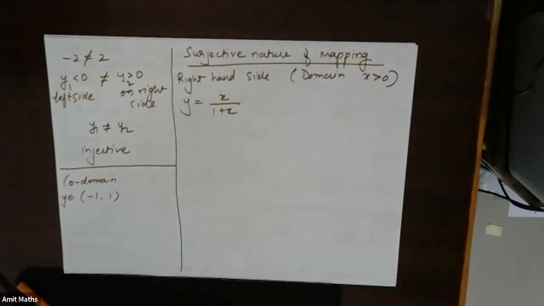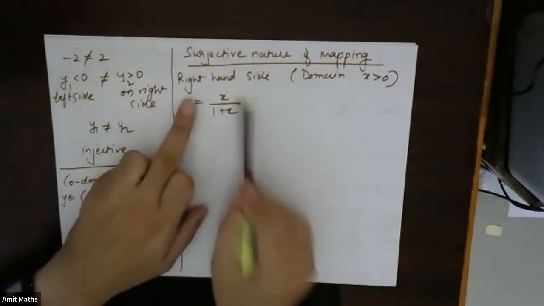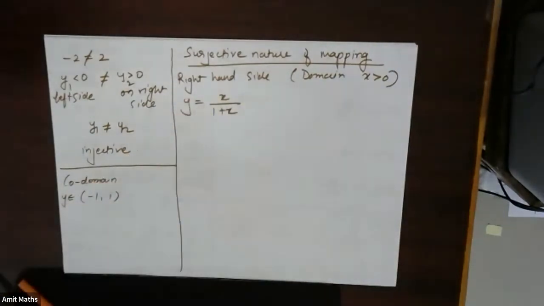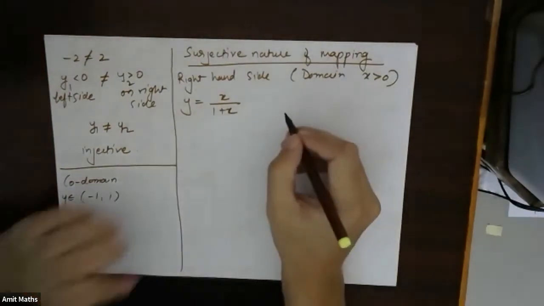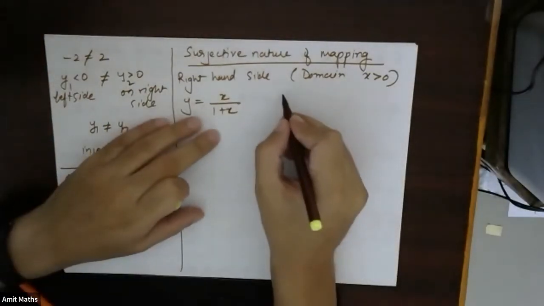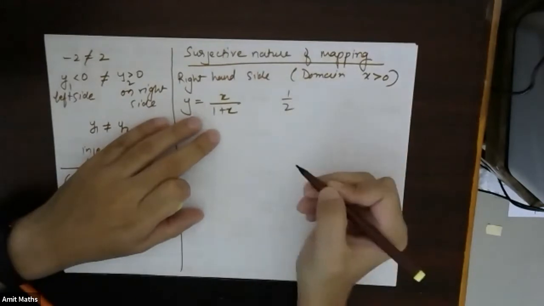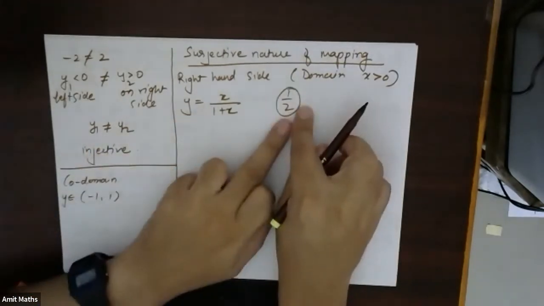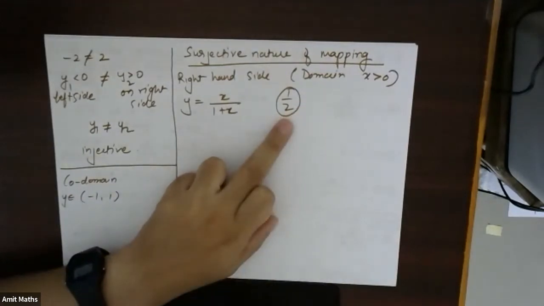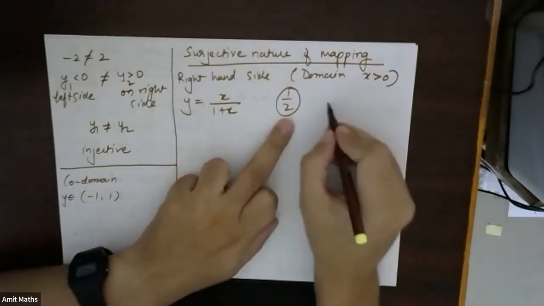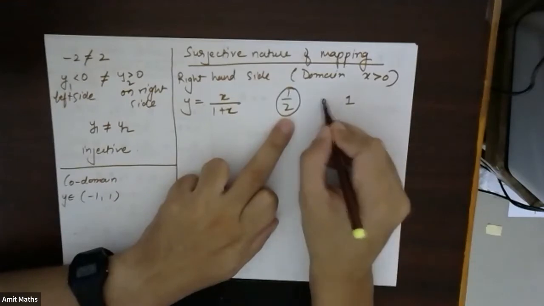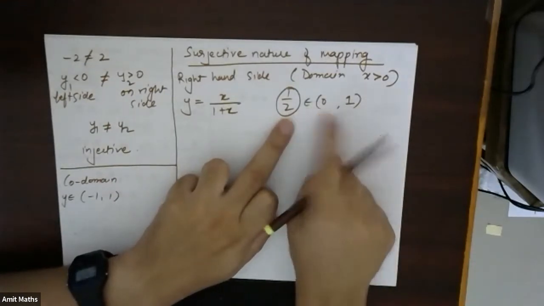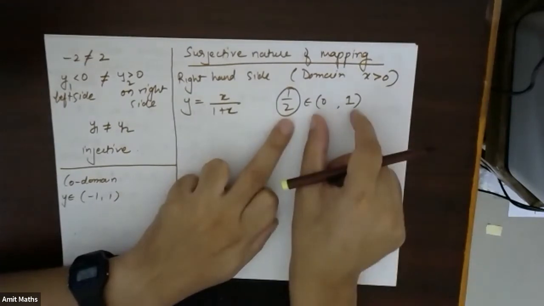Now let's look at what we are getting here. Okay, now see, if I have 1 by 2, this value will lie in which part? This value will be less than 1 and greater than 0. This value will belong to the interval 0 to 1.